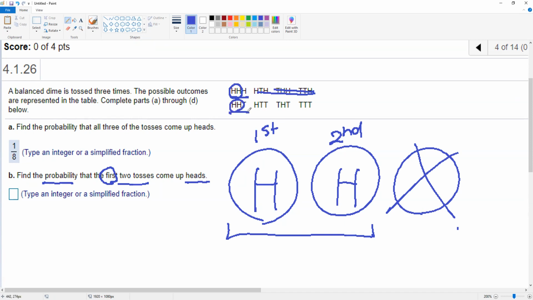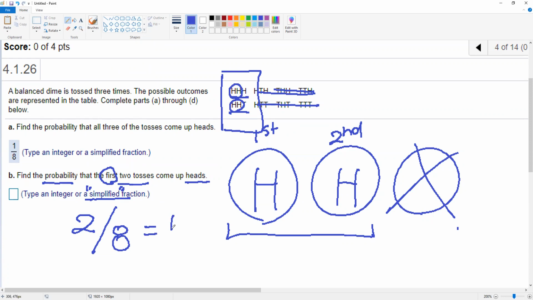And here's the other one, and not that one. So we have 2 outcomes out of 8. But my labs suggest we simplify. So it must be 1 out of 4. So your answer is 1 out of 4 in part B. It's good, right?